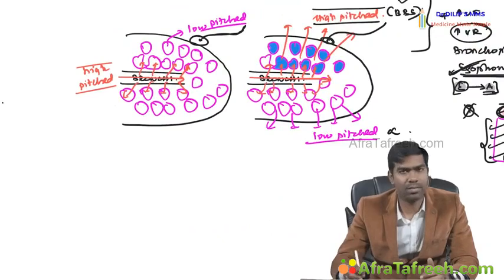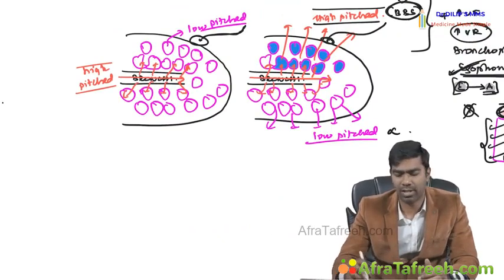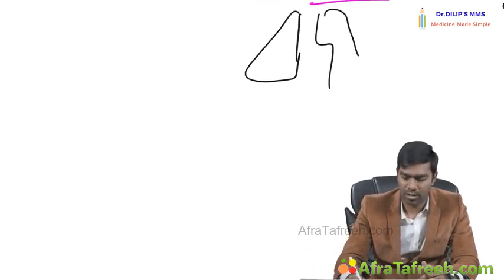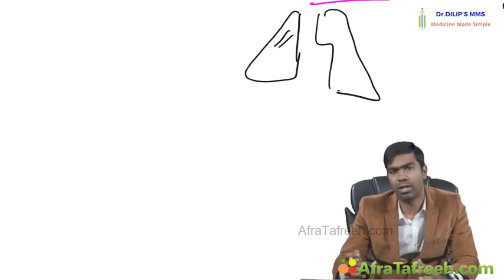And most of the time, this consolidation and bronchial breathing is associated with a very important chest X-ray sign called air bronchogram. So why do you get an air bronchogram? If you take a lung, you have a lot of airways and surrounding parenchyma.